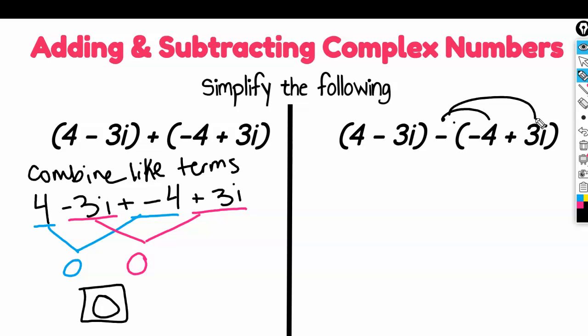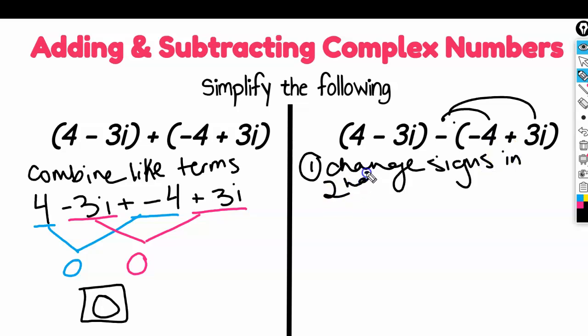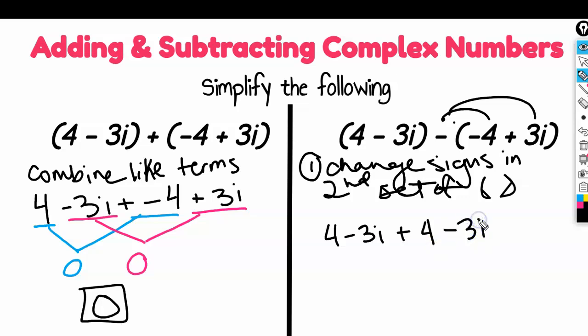So when I change the signs, I'm going to change the signs in the second set of parentheses. Okay, I'm going to have 4 minus 3i plus 4 minus 3i.